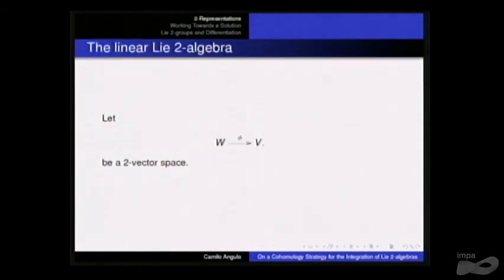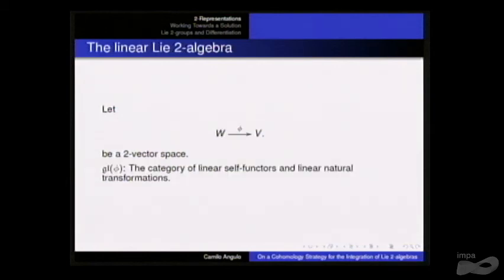In this case, the flat abelian object is the so-called 2-vector space, that's simply a Lie 2-algebra whose brackets are 0. And since this is a category, there is a natural space of endomorphisms, right? Which is the category of linear subfunctors and linear natural transformations.